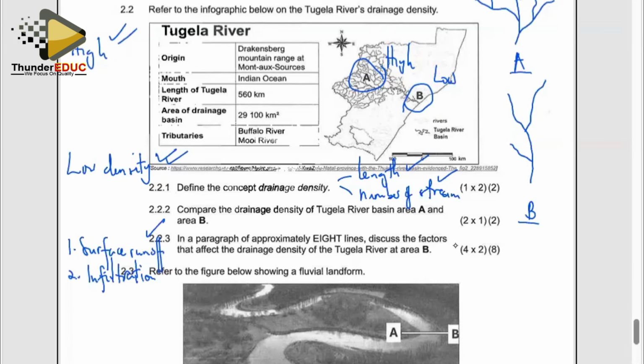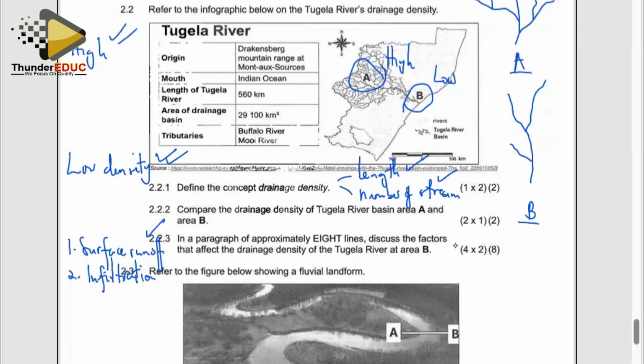What contributes towards the reduction or the non-availability of a variety of streams in a given area is that the rainwater is finding its way into groundwater storage. It's infiltrating and percolating into groundwater storage. It is not finding an opportunity to flow over the surface to cause the development of more streams on the surface. And at the end, we end up having fewer numbers of streams over the surface.